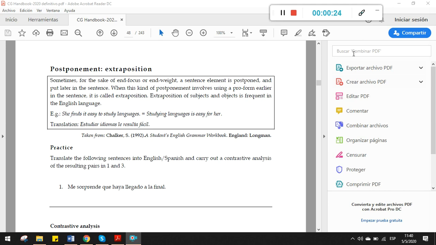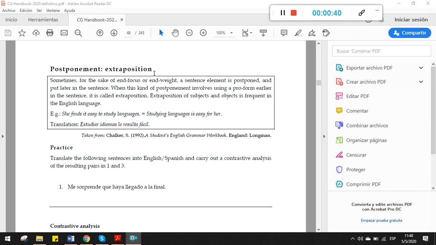So now we are going to show you a model analysis of a pair of two sentences that are part of your handbook.